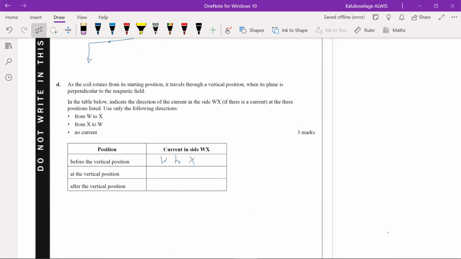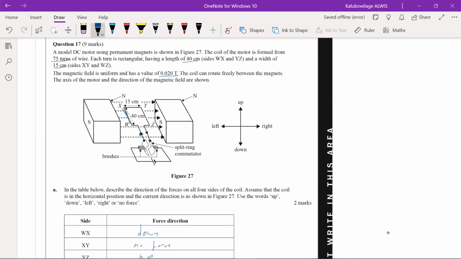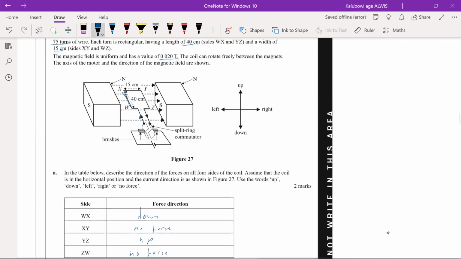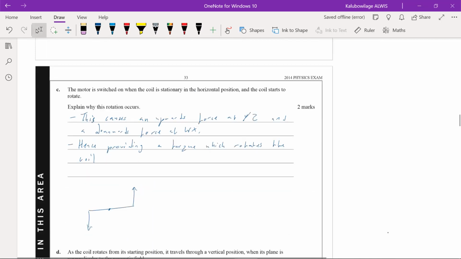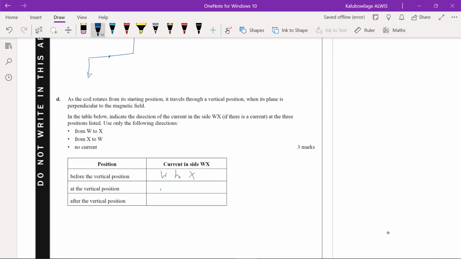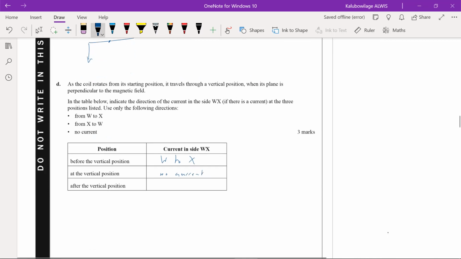In the vertical position, it's completely vertical, and since we're using a split ring, there won't be any current going through it. Then the split ring commutator switches the direction of current, so it will be from X to W.